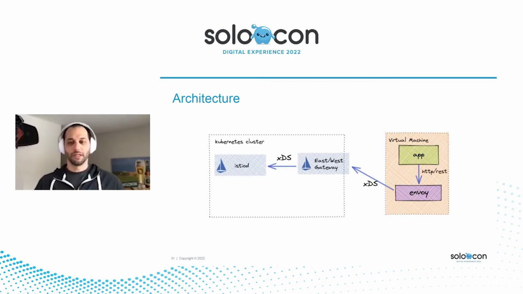So you can install an Envoy proxy or an Istio proxy in that virtual machine, and then have it communicate back with an Istio control plane via this XDS protocol. We typically do that through an east-west gateway. So you get secure, encrypted communication between the virtual machine proxy all the way to Istio. That's a typical architecture of joining a virtual machine to an Istio mesh.